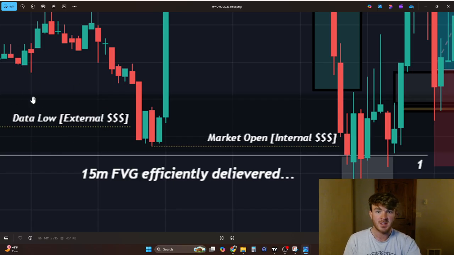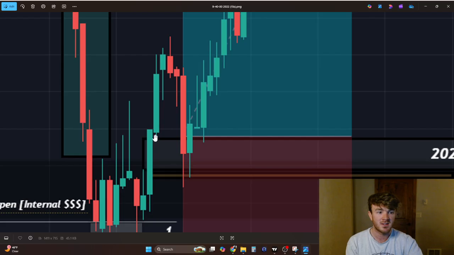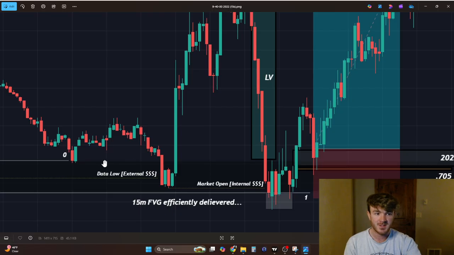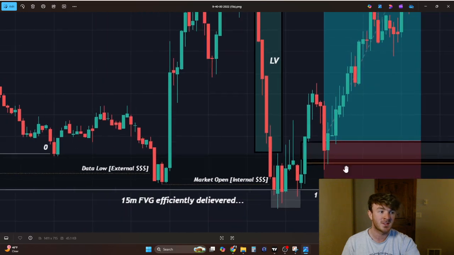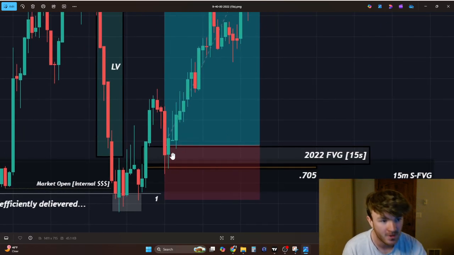This is the data low, very specific low. This is the market open low, very specific low. These are reasons why I'm going to have so much conviction in this 2022 model going into the future, right? Because it's a very specific external sweep, very specific internal sweep, and a 15-minute fair value gap efficiently delivered. So I know this is a pretty high probability 2022 model.